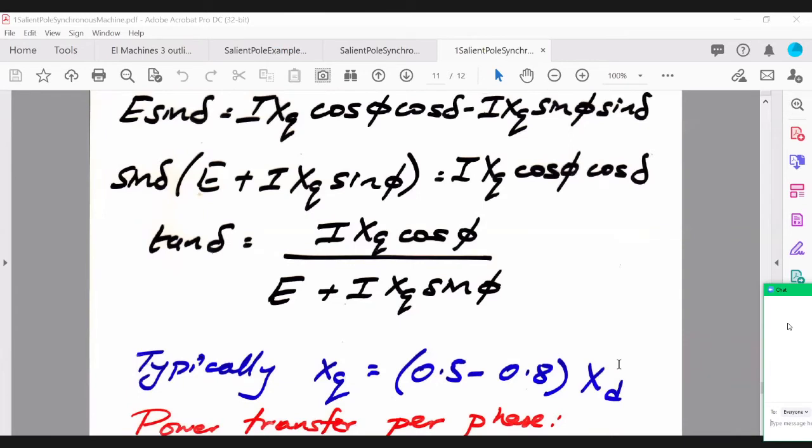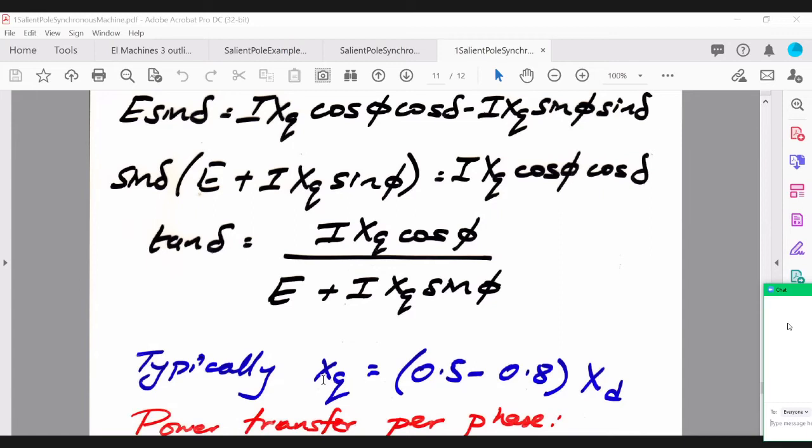Now, if you remember, the equation for power transfer in synchronous machines was very simple when you were dealing with cylindrical rotor machines, because you didn't have this saliency effect where XD was equal to XQ, and we basically call it XS, which is the synchronous reactance.